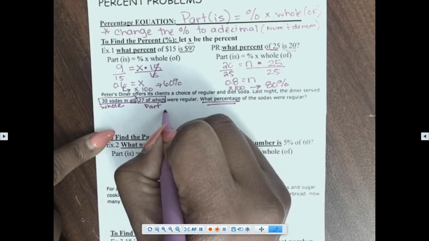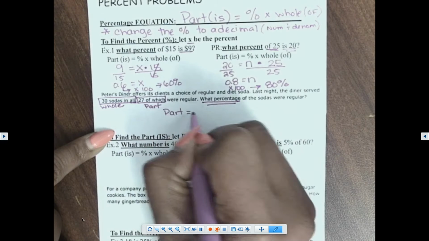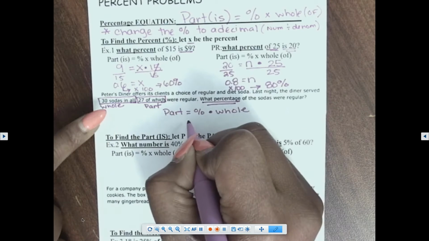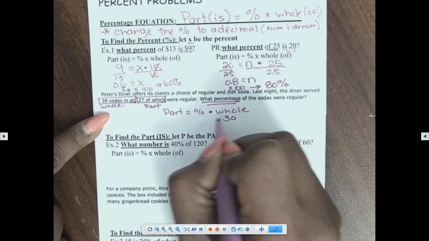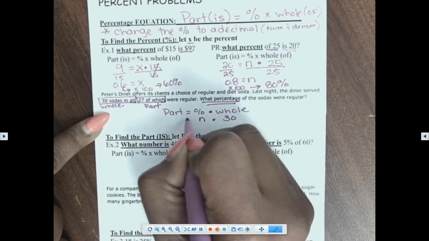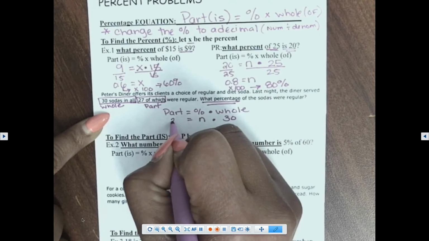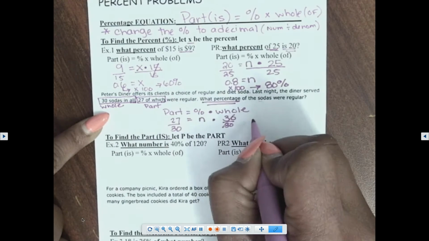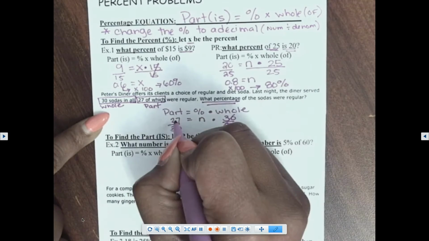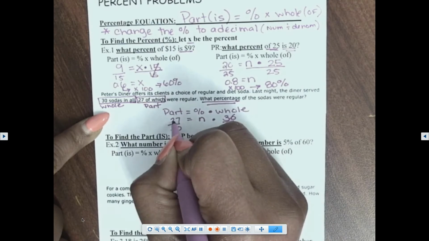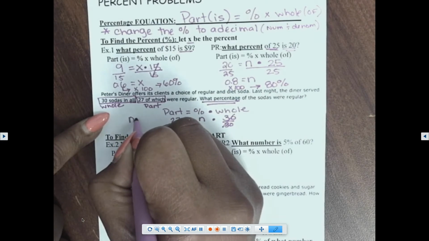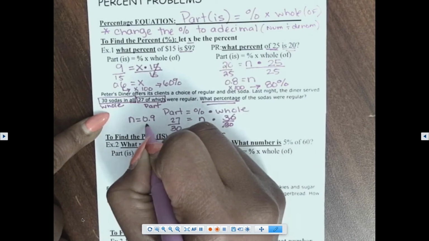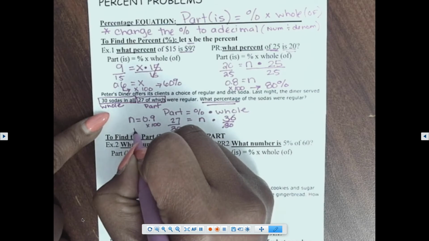So if I use my equation, part equals percent times whole. My whole, we said, was 30 times the percent that we don't know. And then my part was 27. So we divide both sides by 30, leaving me with N. So 27 divided by 30, N is going to equal 0.9. And we multiply that times 100, so N is 90%.